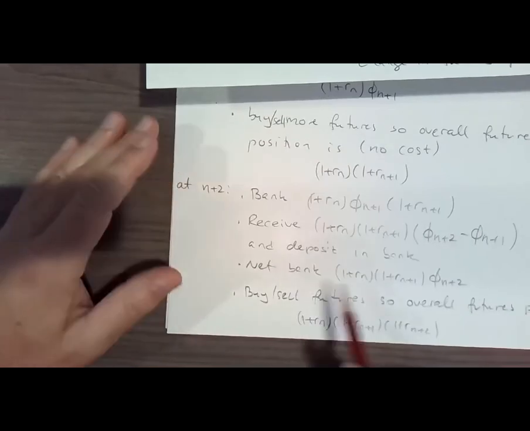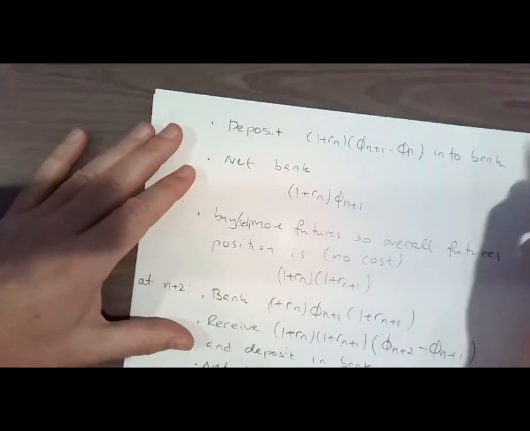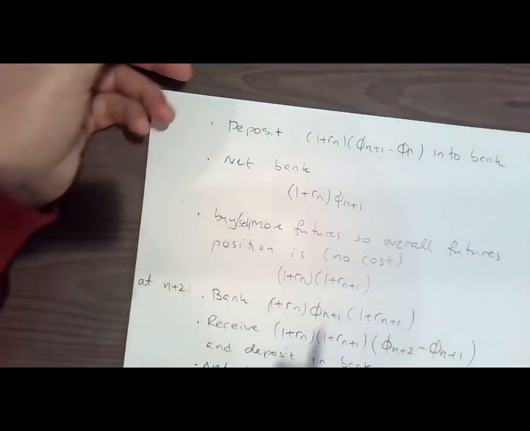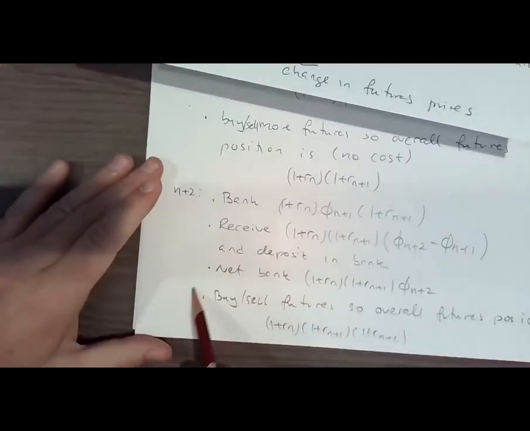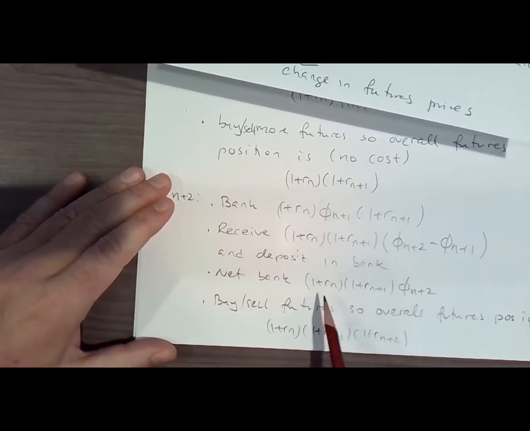And then you keep doing this, so you can see the pattern now. It keeps going all the way: we started at time n, went up to time n plus 2, then n plus 3, and so on. The key thing here is that this is how the net bank balance evolves.